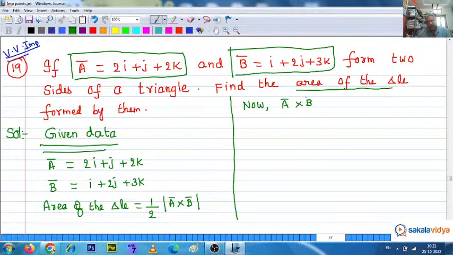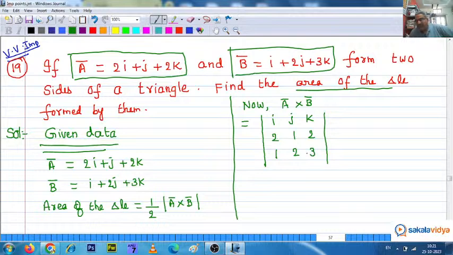A cross B is equal to, my dear students, you will be getting the determinant of i, j, k. Now, from A, what are the components of i, j, k? i component is 2, j component is 1, k component is 2. Similarly in B bar, i component is 1, j component is 2, k component is 3.